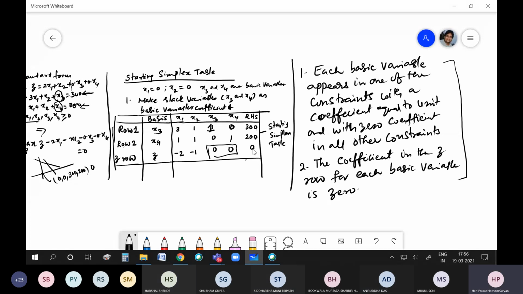So I have started with x1 equal to 0, x2 equal to 0, x3 is 300, and x4 is 200, isn't it? This table gives that. This is the initial basic feasible solution which I am starting with.